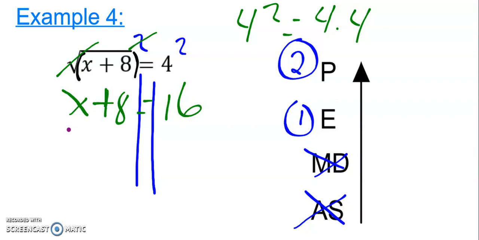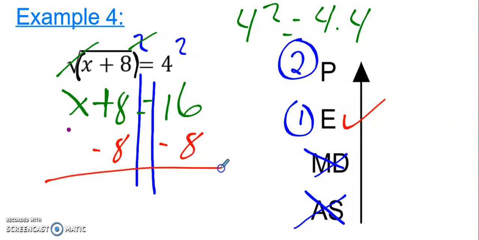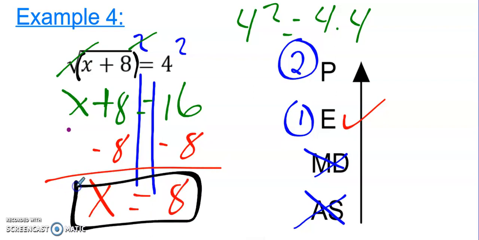Okay, so now we did that. We squared both sides. So now we have x plus 8. So the opposite of plus 8 is minus. Subtract 8 from both sides. And we have x equals 8. That's my final answer. Box it in.